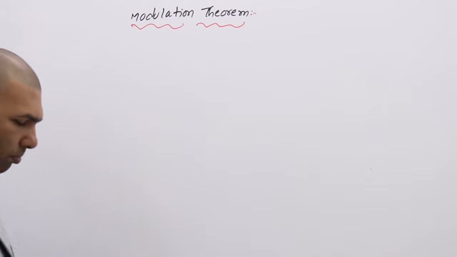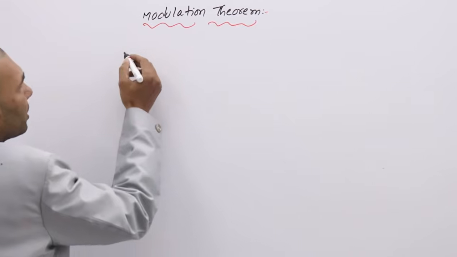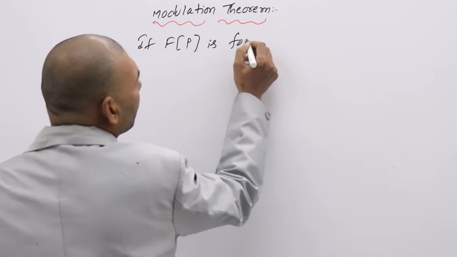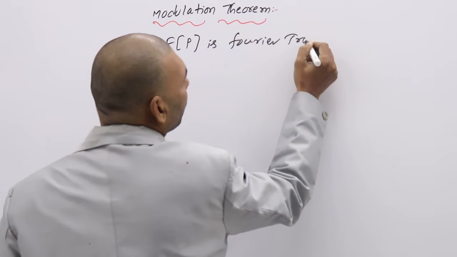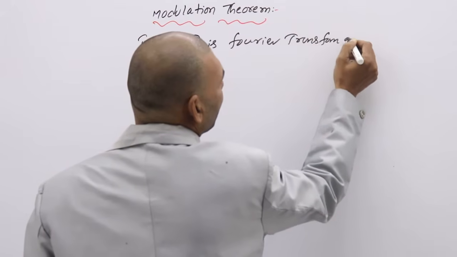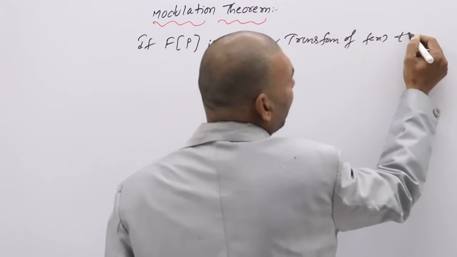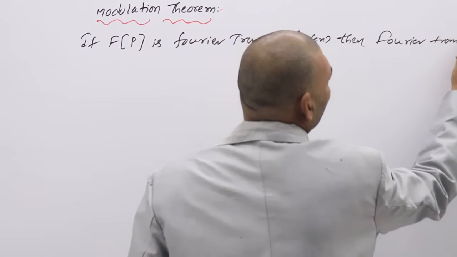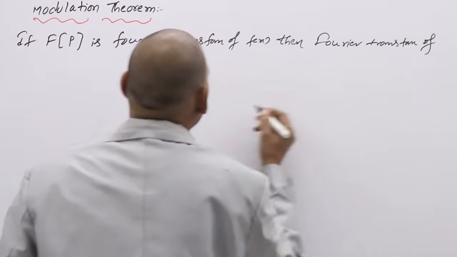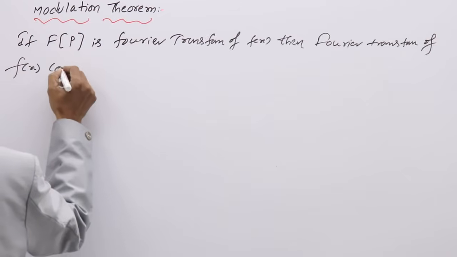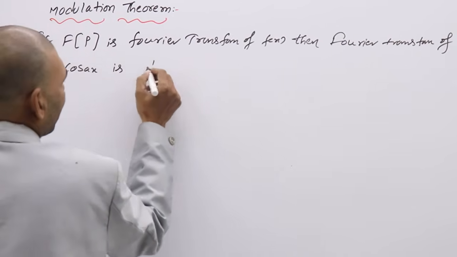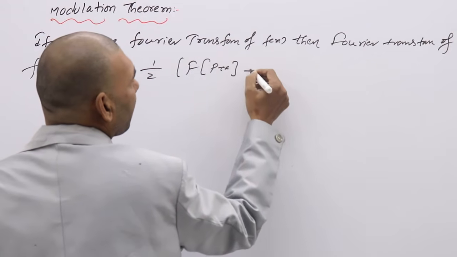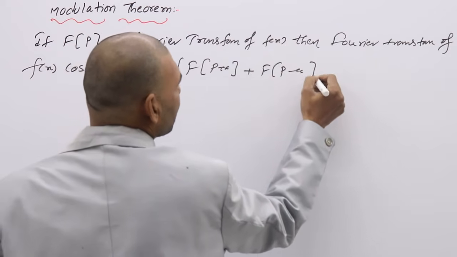So modulation theorem on Fourier transform. The statement of modulation theorem is, if capital F of p is Fourier transform of f of x, then Fourier transform of f of x cos ax is 1 by 2 into F of p plus a plus F of p minus a.